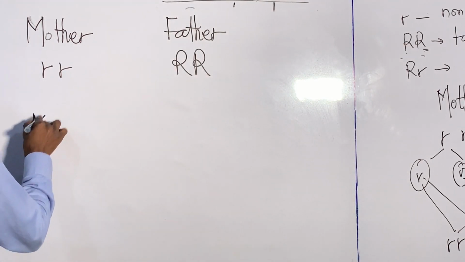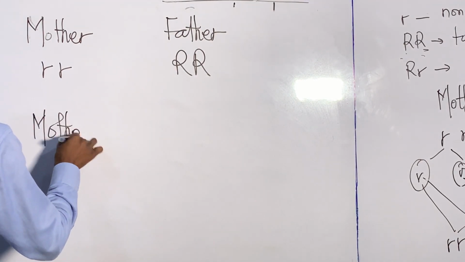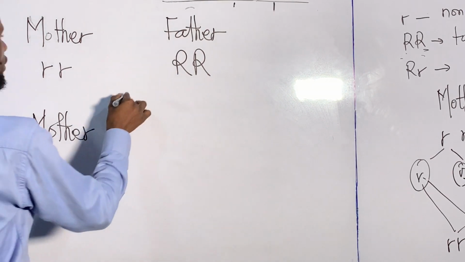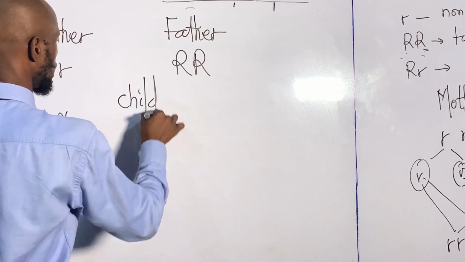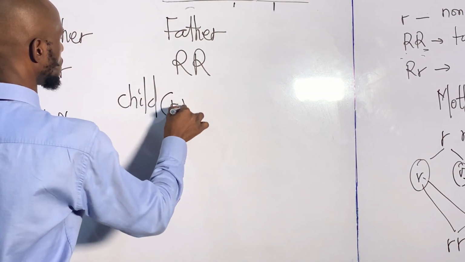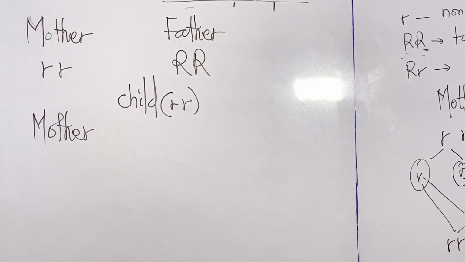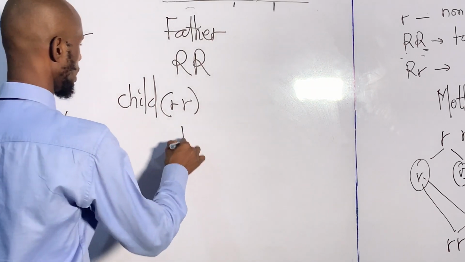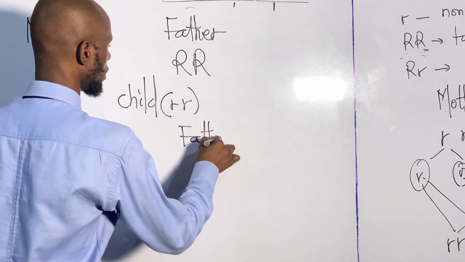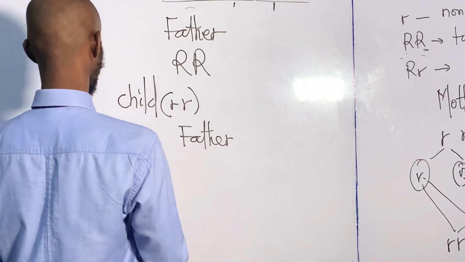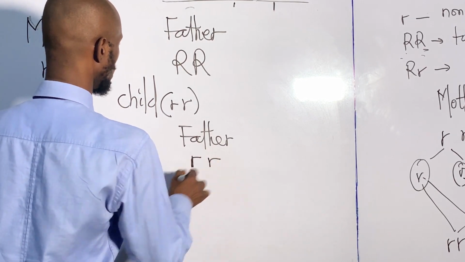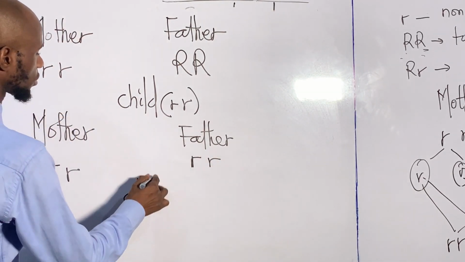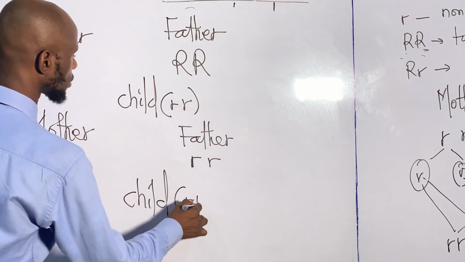And we have the child here, who is non-tongue roller. Or we have the mother, who is non-tongue roller, and we have the father, who is non-tongue roller, and the child, who is non-tongue roller.